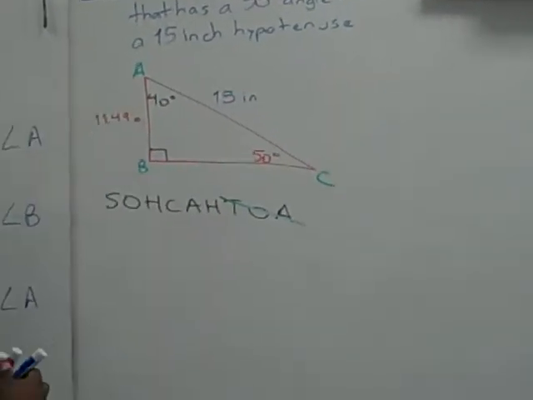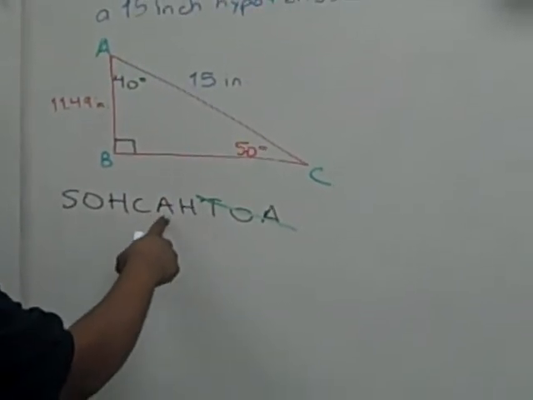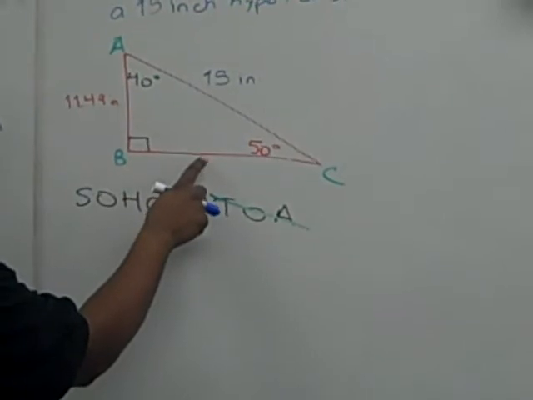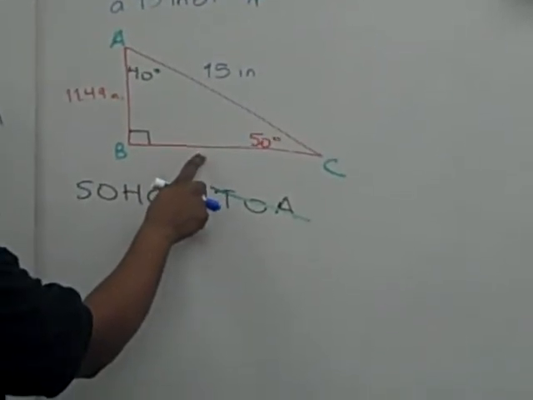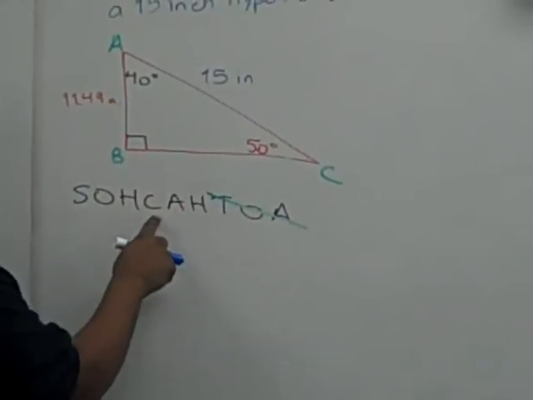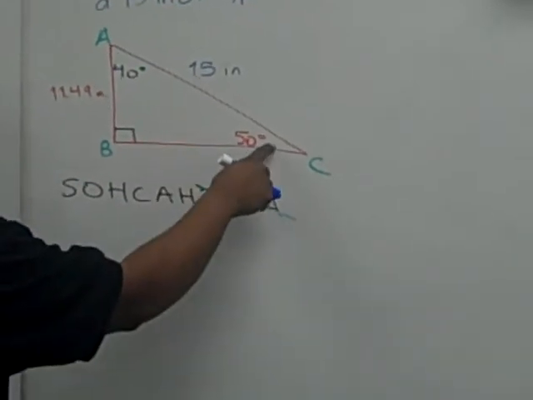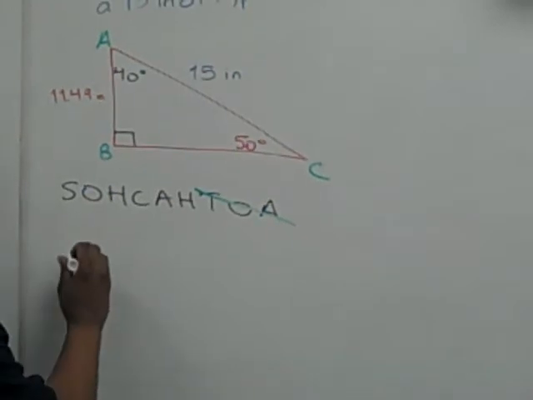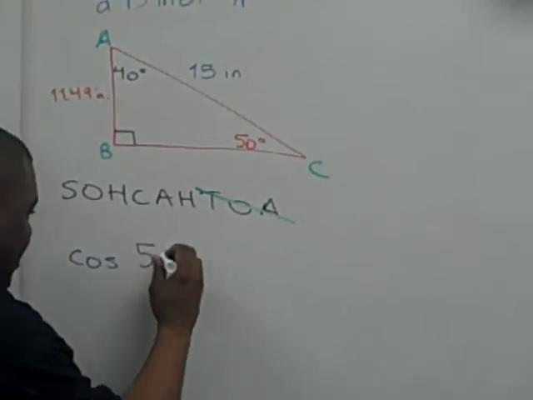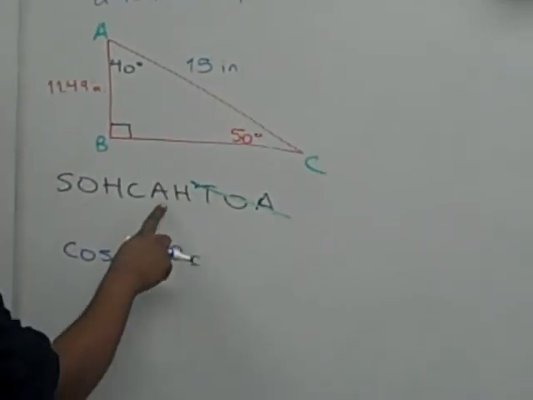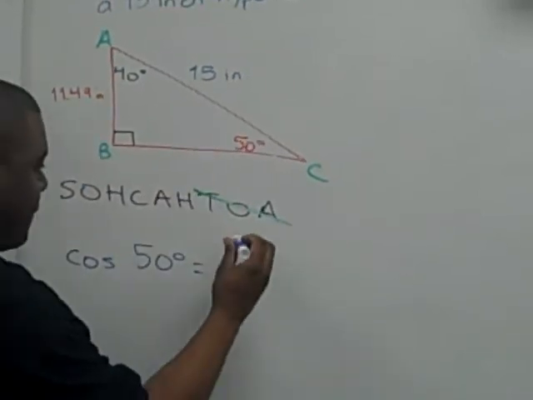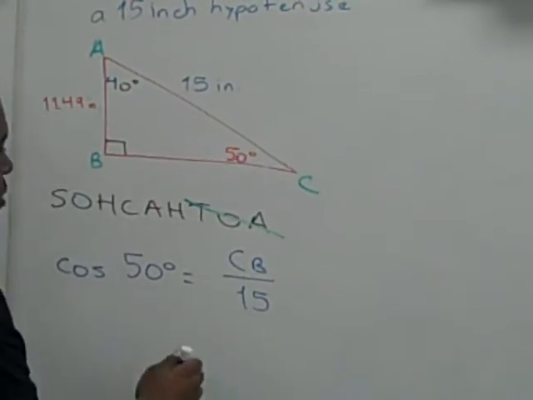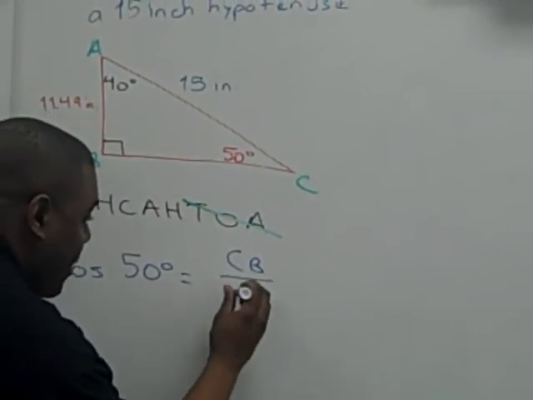And I'm going to do the cosine of an adjacent over hypotenuse. Since we need to find this, and I'm going to use cosine, then my suggestion is we stick with the same angle that we had, which is 50 degrees. So I'm going to do the cosine of 50 degrees equal to my adjacent, which in this case is CB, over AC, which is my hypotenuse.